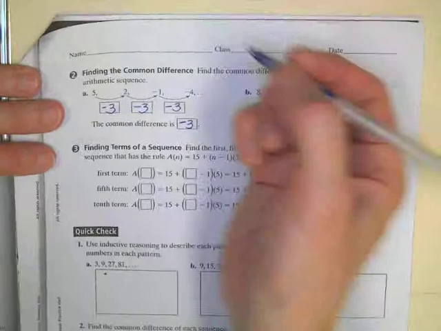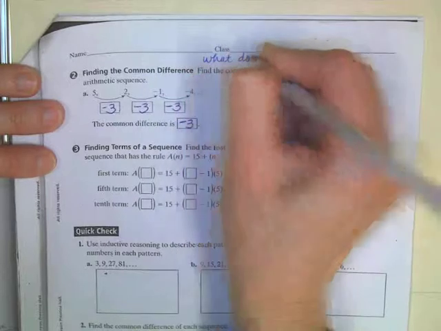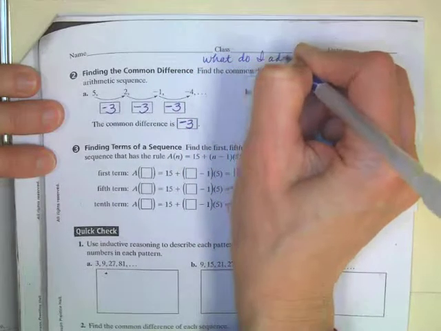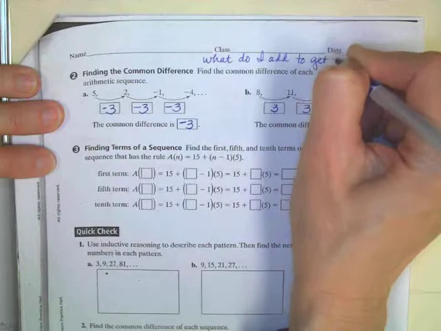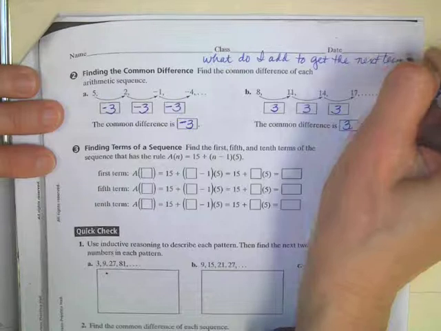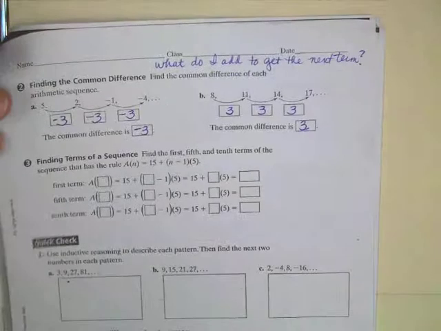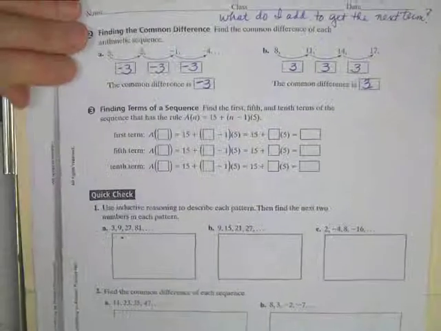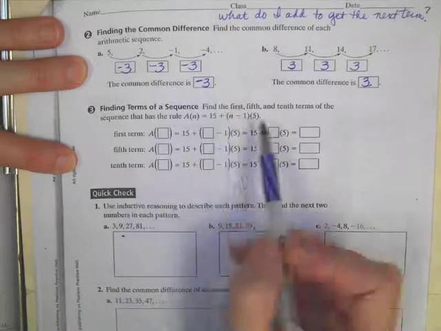So the question to ask yourself is, what do I add to get the next term? That's a thought you might want to jot at the top of the paper. It's that simple, really.